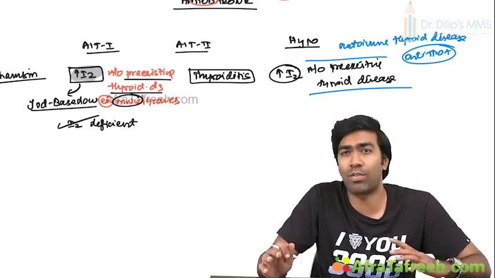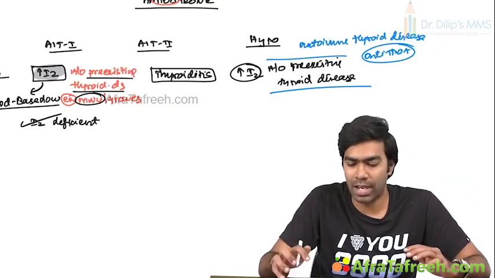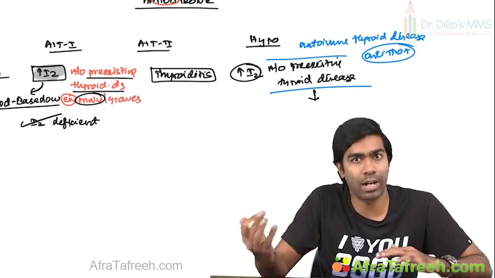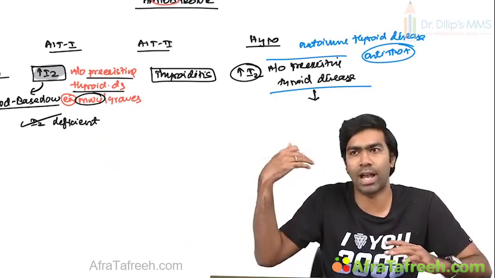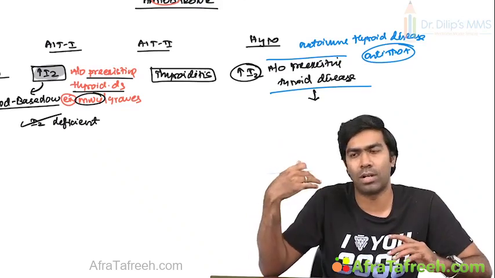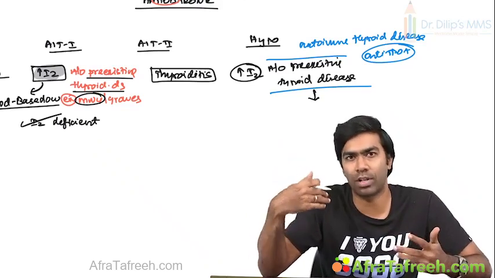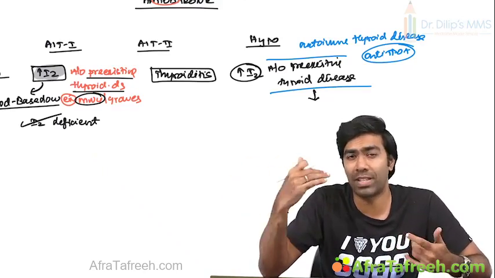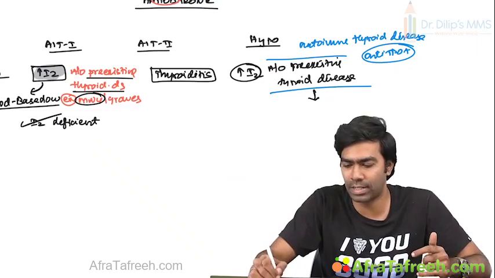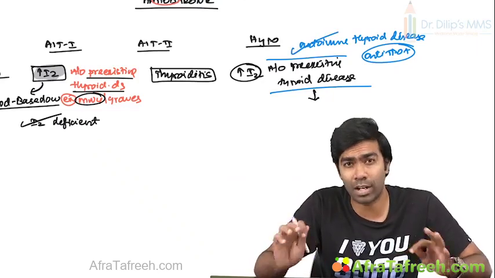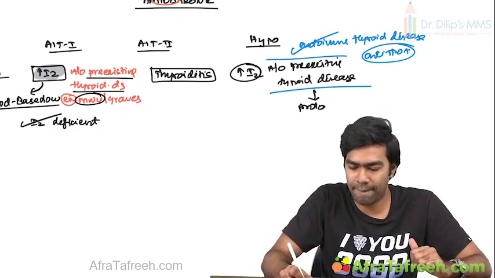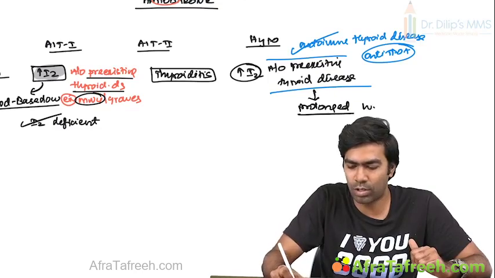I told you there is another form of defective autoregulation where the patients will have a Wolff-Chaikoff block, but they may not recover. Usually a normal thyroid gland, after an excess iodine load, even though they get a Wolff-Chaikoff effect, if you continuously give iodine, over time they will recover. That's called the Wolff-Chaikoff escape. But if there is defective autoregulation due to pre-existing thyroid disease, they may not recover from the block and they'll have a prolonged Wolff-Chaikoff block.